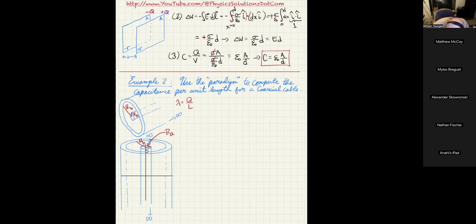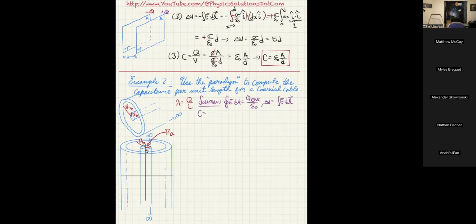So my hypothesis is the following. Again, we need our same equations. So the closed integral E dot dA is equal to Q enclosed over epsilon naught. We need delta V equals negative integral E dot dL, like that.